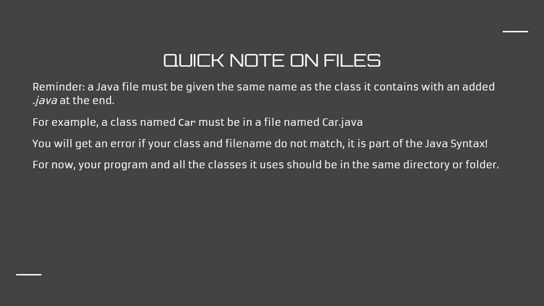You will get an error if your class and file name do not match, as it is part of the Java syntax. For now, your program and all the classes it uses should be in the same directory or folder. If they're in different directories, in order to use objects from other files, you would have to do something special, which we haven't learned about yet.